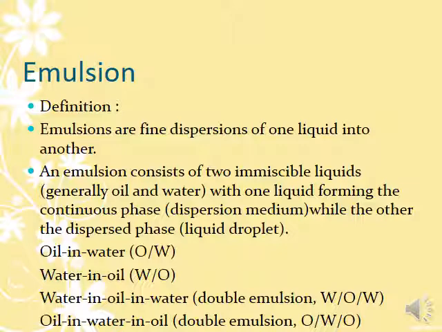There are four types of emulsion: oil in water, O/W, water in oil, W/O, water in oil in water, or oil in water in oil. Both of these are double emulsions.